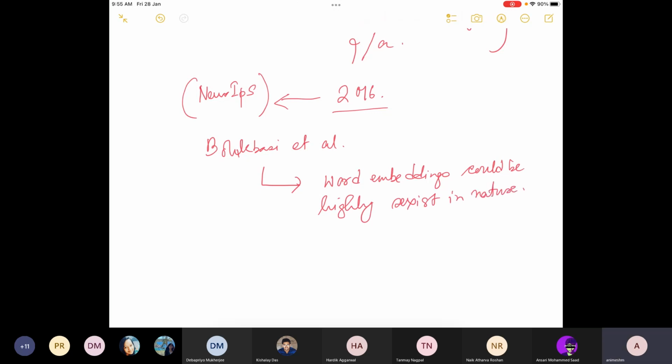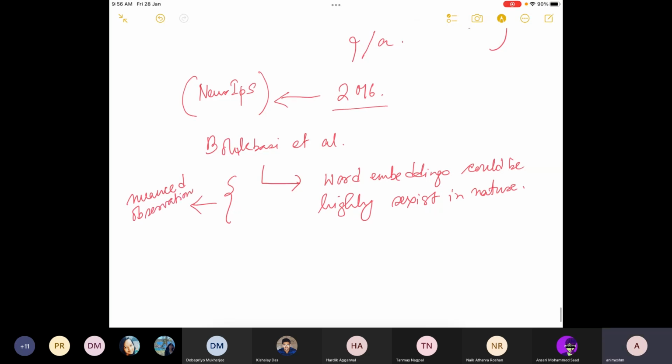This was one of the nuances that was still not very well discovered or still not very well discussed in the literature. So this was a nuanced observation for which this paper has become very, very famous. Nuanced observation that was still not reported in the literature.